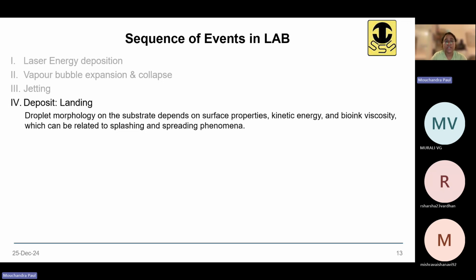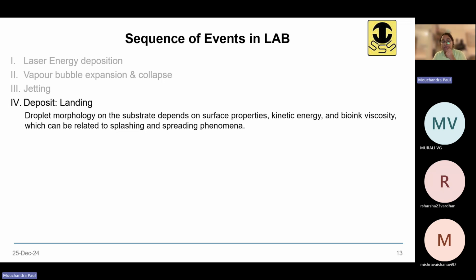If there is spreading, more and more droplets have merged with each other. If there is splashing, because maybe the gap is too high or the kinetic energy is too high, you will see some secondary droplets also getting formed and deposited on the surface. So these properties will, lastly, impact the droplet morphology.